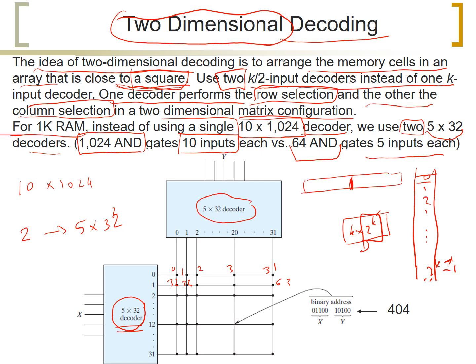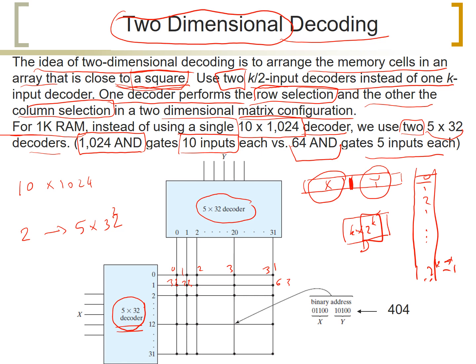The most significant part we call X, and the least significant we call Y. So this will be the row of the memory, and this will be the column of the memory. So the memory then will be arranged as 1024 locations, which is 32 multiplied by 32, as we see in this diagram here.